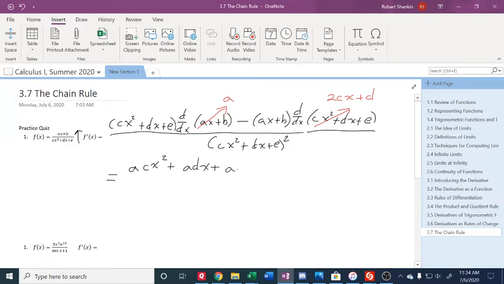I'll keep them in alphabetical order. And then this and this are going to FOIL out. Minus, and if I distribute the ax, I'll get everything will be positive inside this bracket.